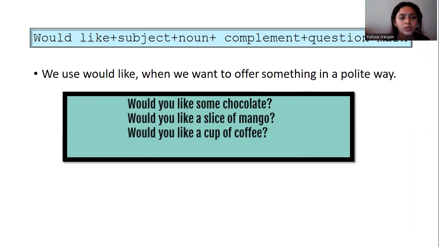First of all, would like plus the subject plus noun plus the complement, and at the end, the question. And also here we have some examples. The first one says, would you like some chocolate? And the second one, would you like a slice of mango? And the last one, would you like a cup of coffee? For the answers it is yes I will or no I won't.